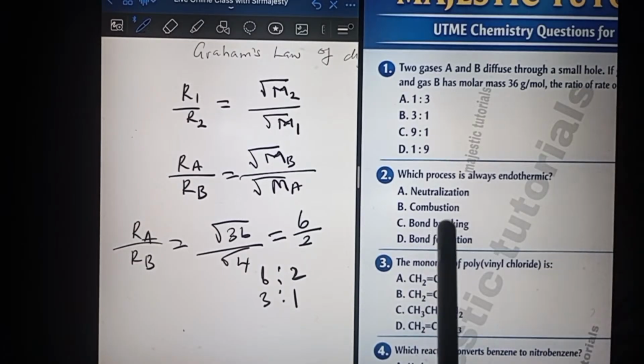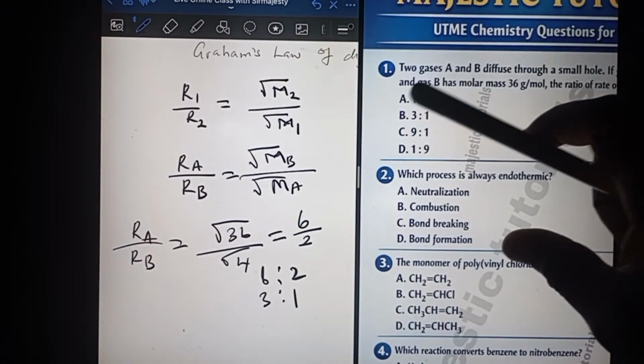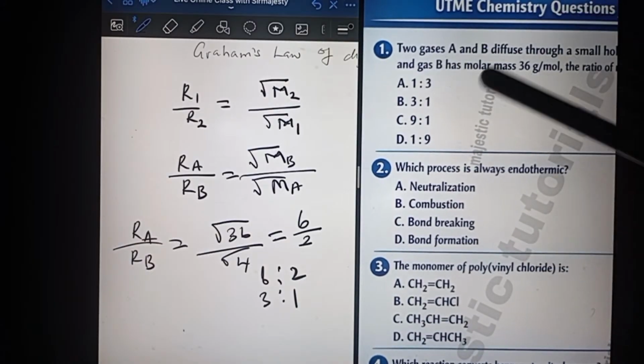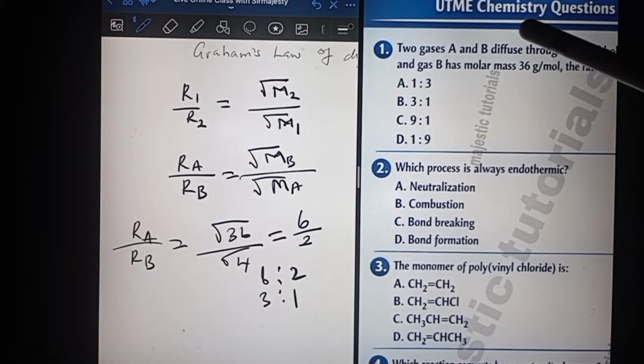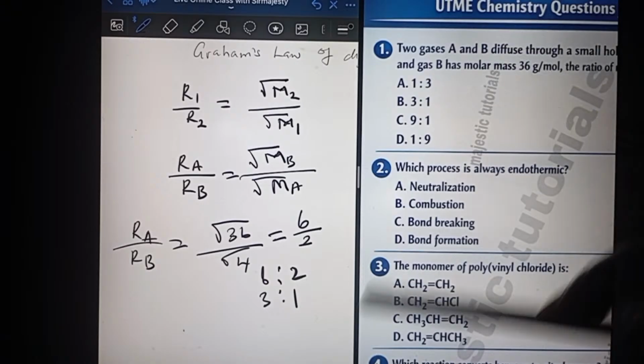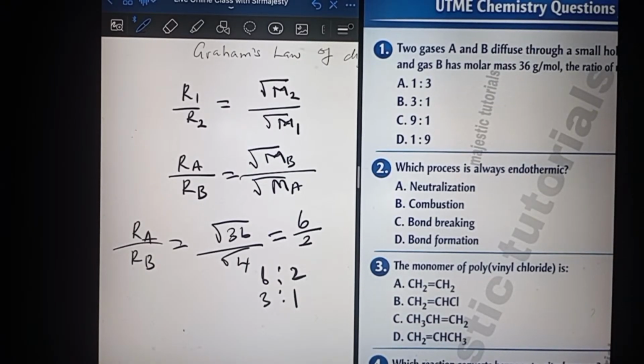The next question says, which process is always endothermic? The process that is always endothermic means a process that involves the absorption of heat, that is colder to touch. How to know it is that any reaction that is always endothermic must need an external supply of energy before it could happen.